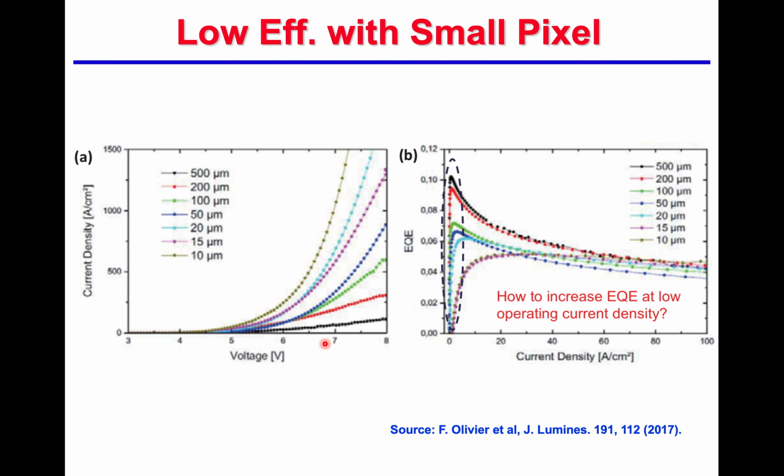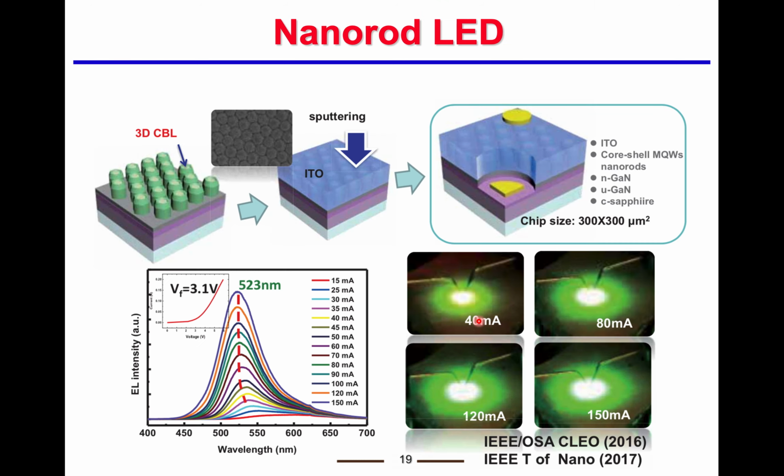But when we shrink the device, and actually, as you can see, that is for the different size. Although the current density increased, you can see the very strong decrease in the efficiency. So, this is still an issue and open question when we have higher and higher resolution, and the efficiency is still a problem for the micro LED.